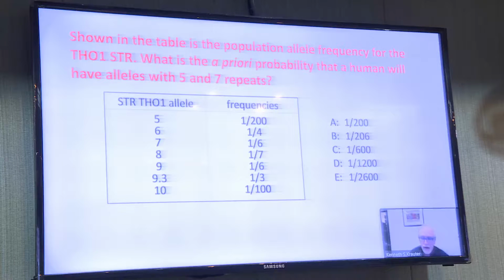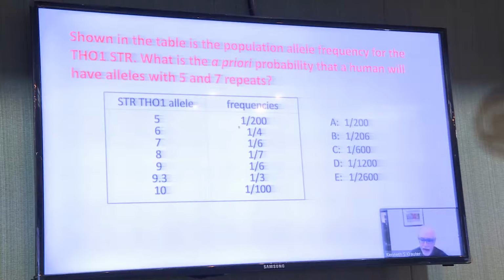At the trial, it's often questioned whether the DNA evidence alone has enough power to show that the guy who's accused had to have done it, and that nobody else could possibly have that same pattern of bands. For example, shown here are the allele frequencies for the alleles present at the THO1 locus. There's one with 5 repeats, 6 repeats, 7 repeats, 8 repeats, and so on.